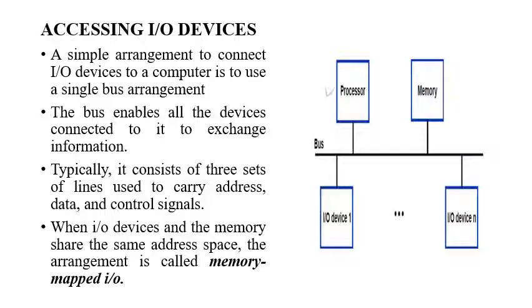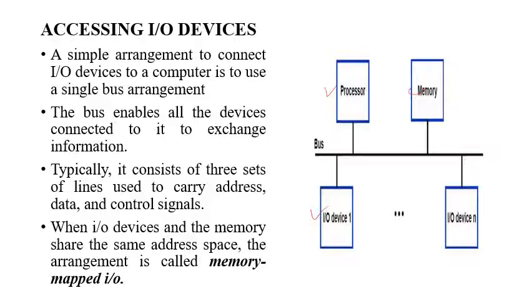We have a processor, a memory, and multiple IO devices. The data exchange between the IO device and the processor, or IO device and the memory, takes place using a single bus. Typically it consists of three sets of lines, one to carry the address.